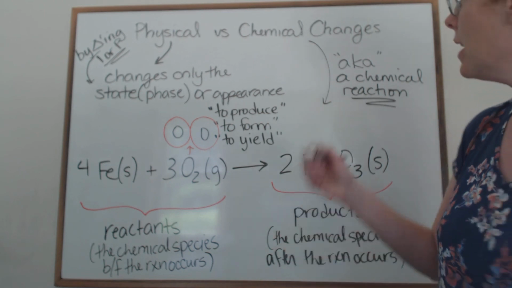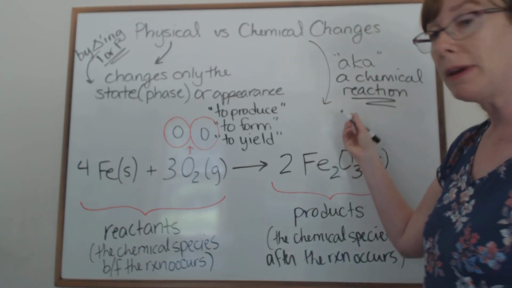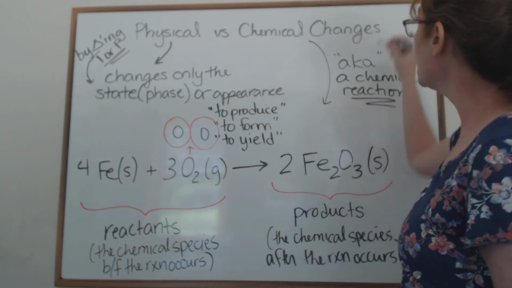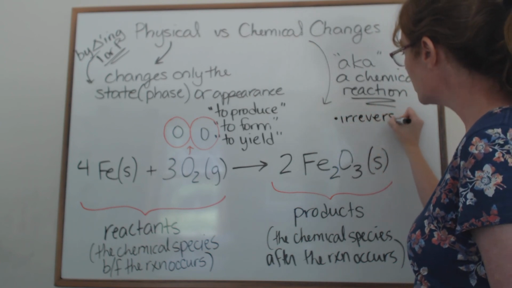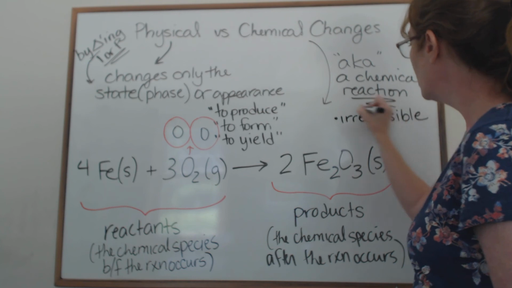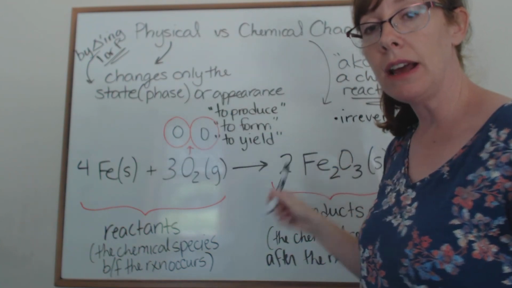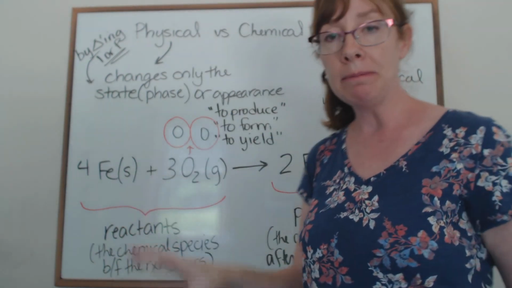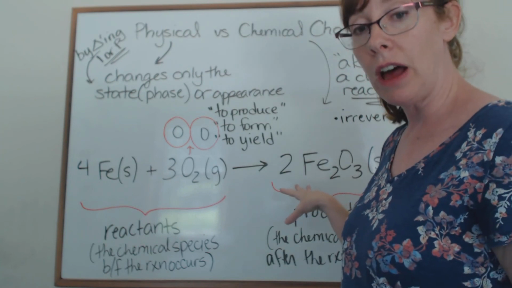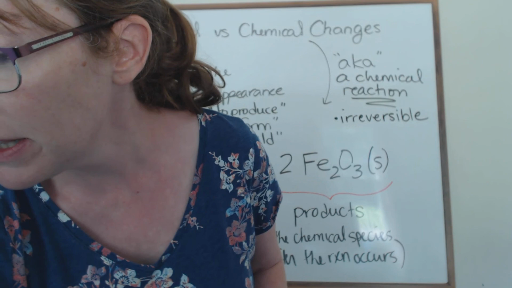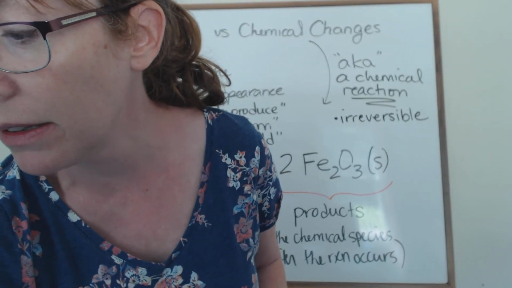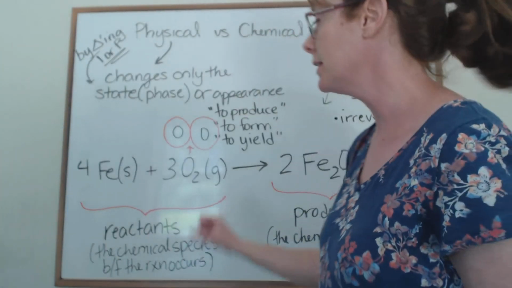Let's go ahead and just say a few more bullet points about this, and then we'll move on. Chemical changes are generally irreversible. Okay, once it's done, it's done. By the way, this is the rusting of iron. Iron combining with oxygen, this is just the most basic way of describing the rusting of iron.